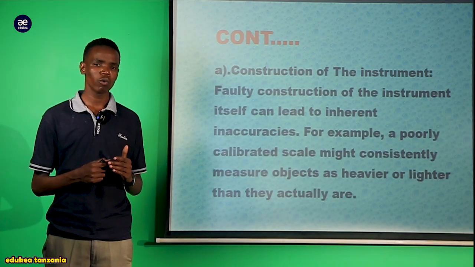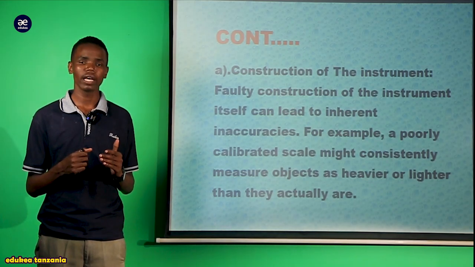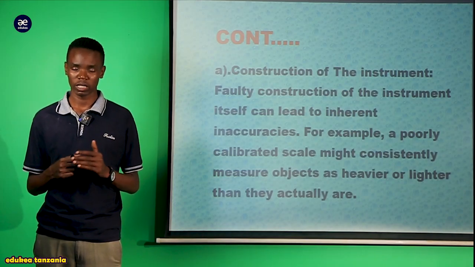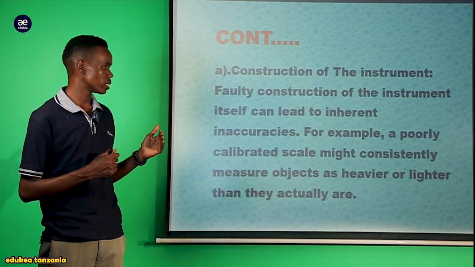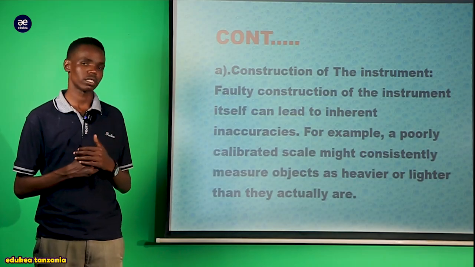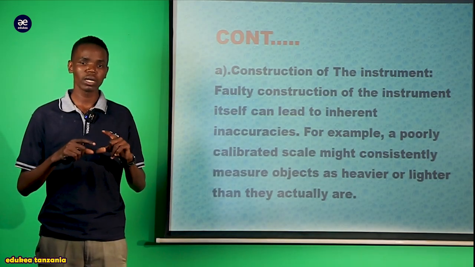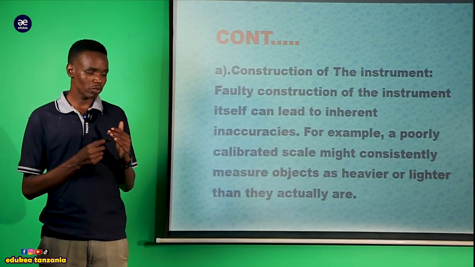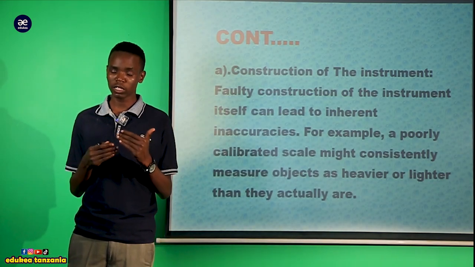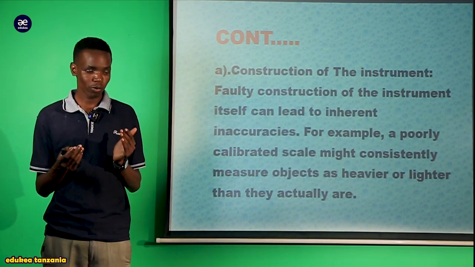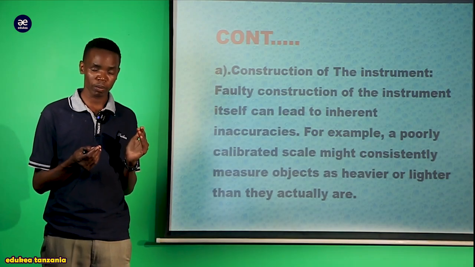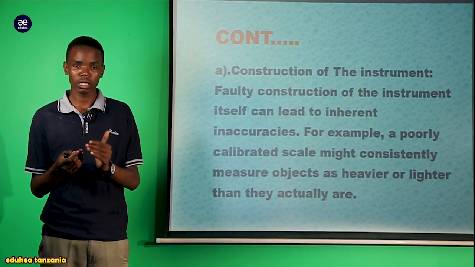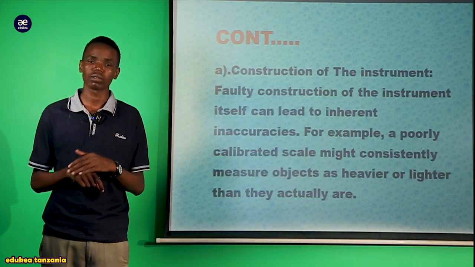Here, overall, we explain the error that exists during the construction of the instrument or during the designing of the instruments or when we calibrate the scales. Tunapokuwa tunatengeneza zile scale, it means that when we are not careful during preparations, we may obtain the incorrect values during measurements.